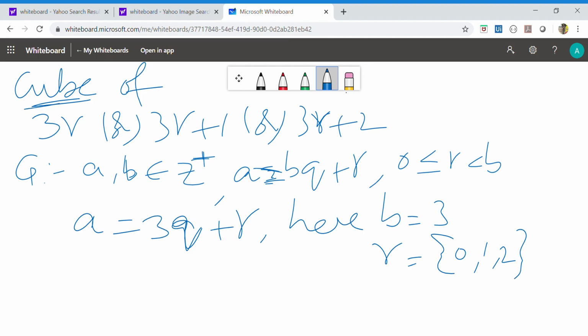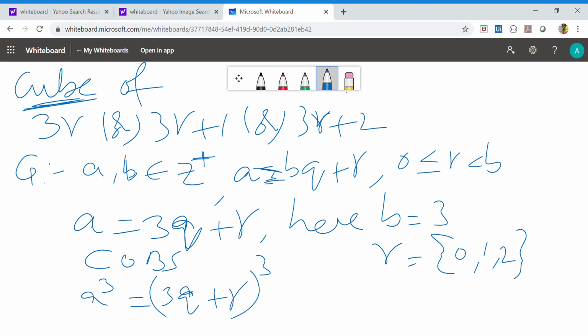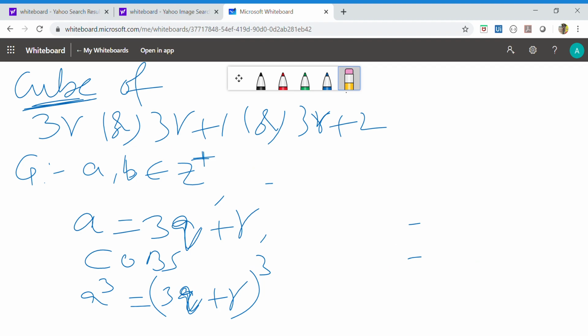But in the question, what is given? The cube of any number is in the form 3r, 3r plus 1, or 3r plus 2. So what do you have to do now? Cube on both sides. So a cube is equal to 3q plus r whole cube. LHS and RHS both should be cubed.